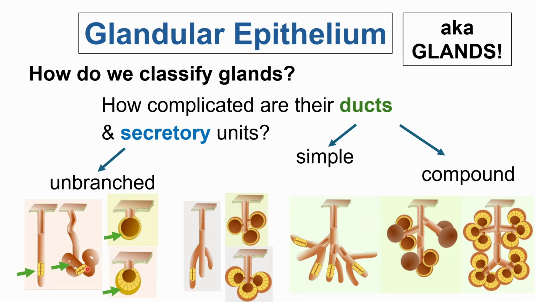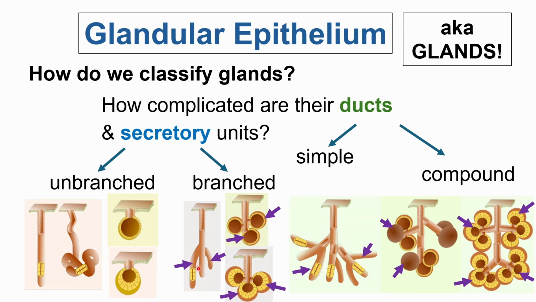But if there are multiple secretory units, it's branched. So it means the more complicated the duct system, usually the more complicated the secretory units. Okay?